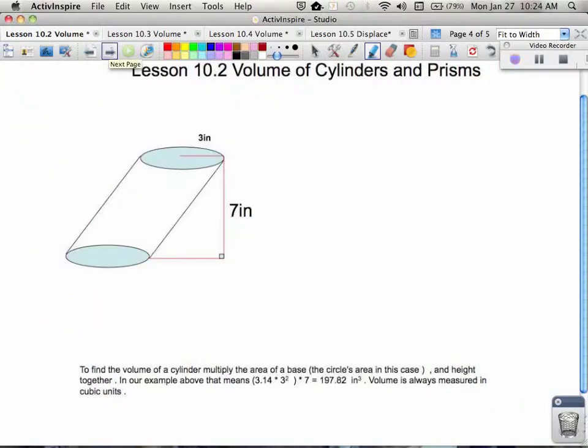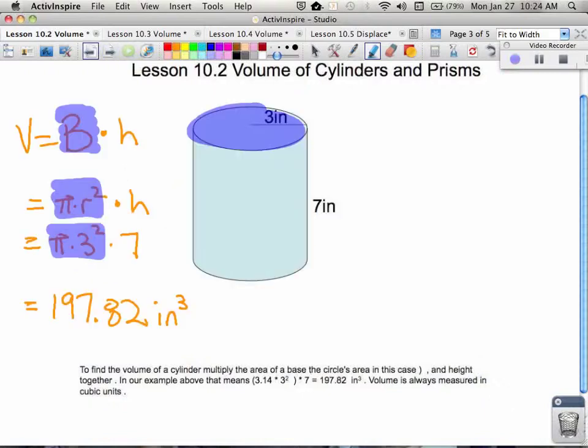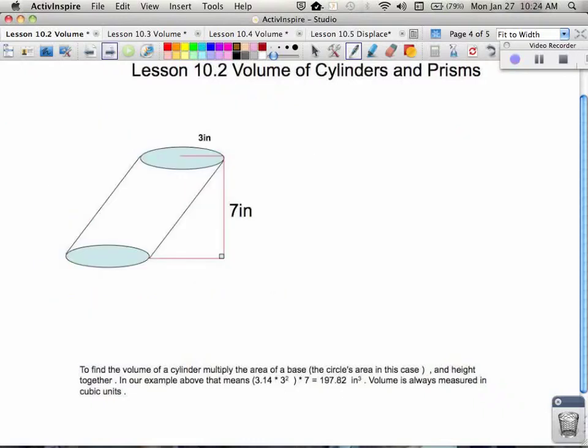Let's take a look at another example. In the previous example, if you look right back there again, we notice that this prism is what we call a right prism because the altitude or the height of the prism is perpendicular to the base, and it's inside, or I guess you could also say along the edge. But in our next slide, what you notice is that we have an oblique cylinder, and in this oblique cylinder, our height is outside.